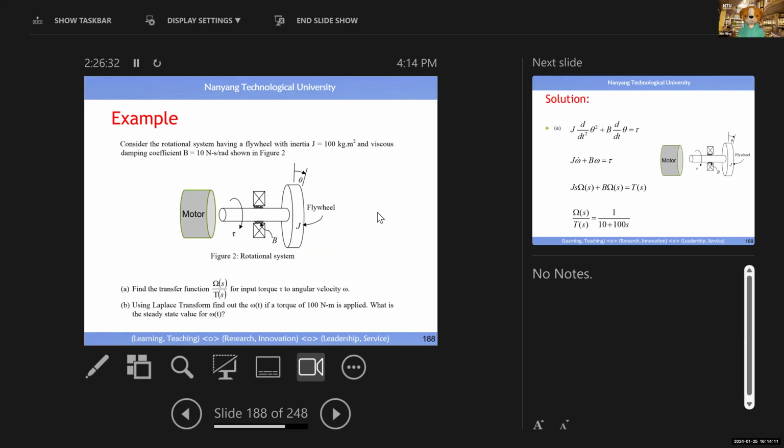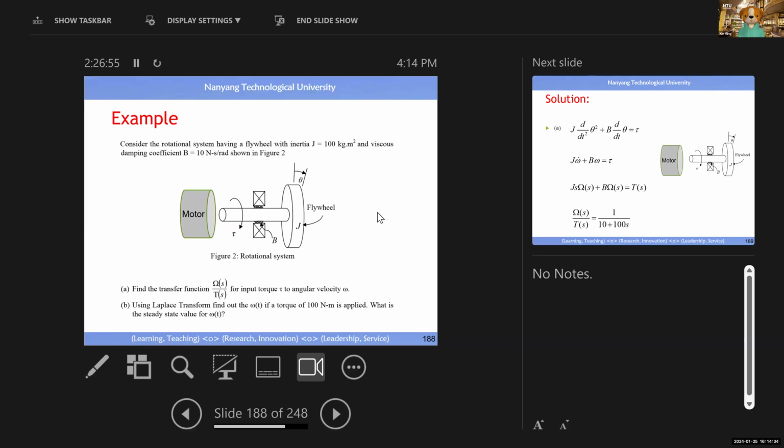Okay, so now I mentioned we just use a motor, an electric motor, as an example. Then you will see in the frequency domain, the relationship is extremely simple, right? So this is a real case where you have a motor, have this payload. Payload has a moment of inertia, right?